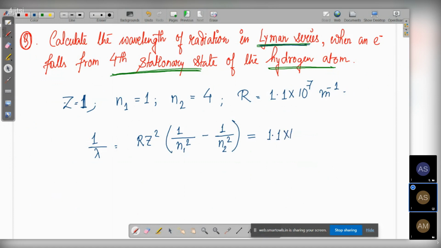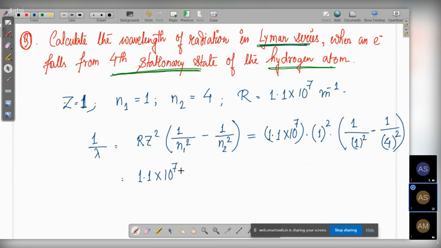1.1 into 10 to the power of 7 into 1 by 1 square minus 1 by 4 square. That is equal to 1.1 into 10 to the power of 7 into 15 by 16.